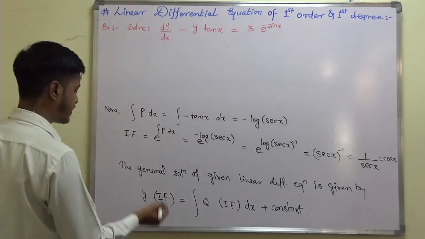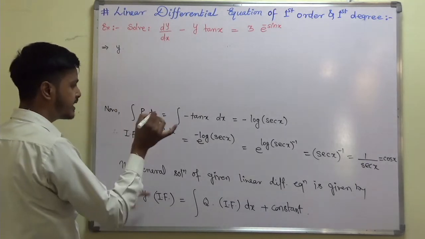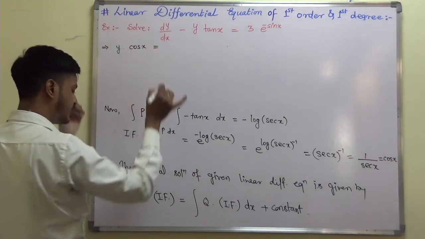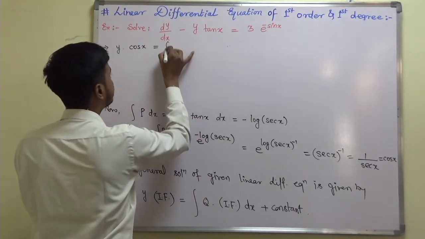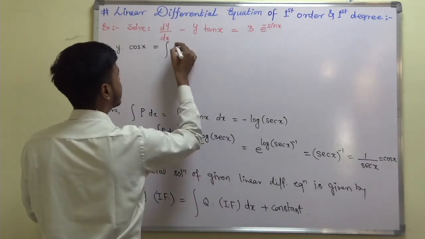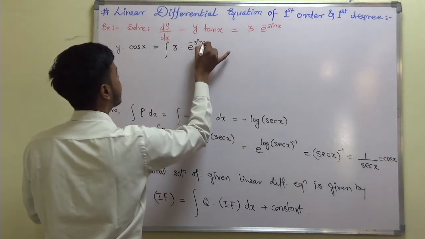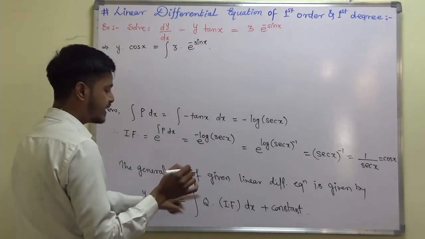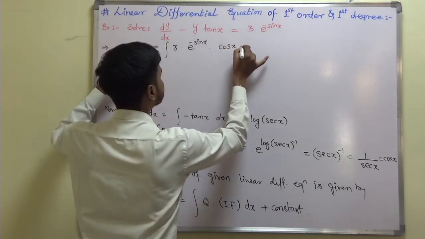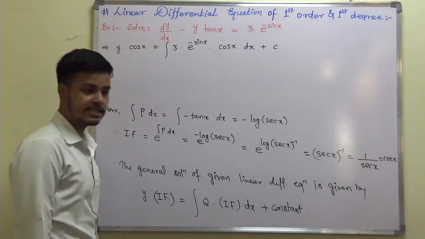So y as it is into the integrating factor cos x is equal to the integration of q. What is q? The term on the right hand side, that's 3 e to the power minus sin x into, again, the integrating factor, that is cos x dx, plus some constant of integration, say c.